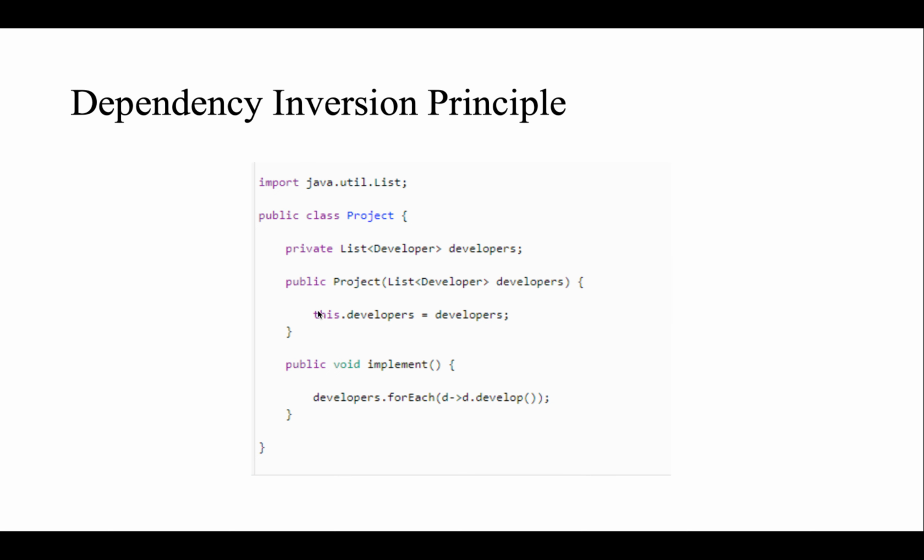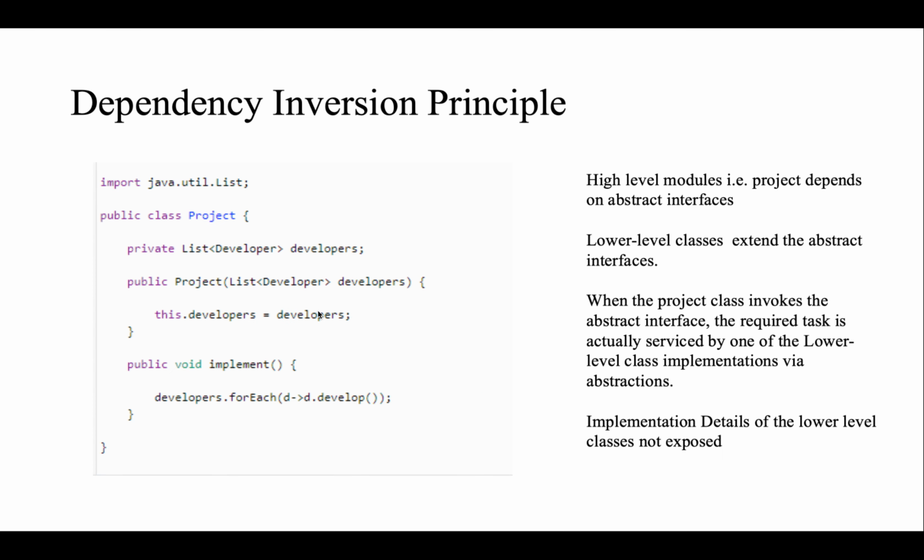From our project class perspective, which is our higher level module, it will have a list of developers, and it depends on our abstract interface Developer. The lower level classes are already extending it. When the project class invokes the implement method, it will invoke the service provided by the lower level modules, that is develop.